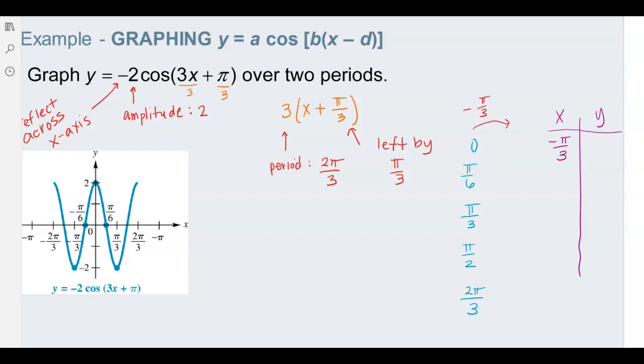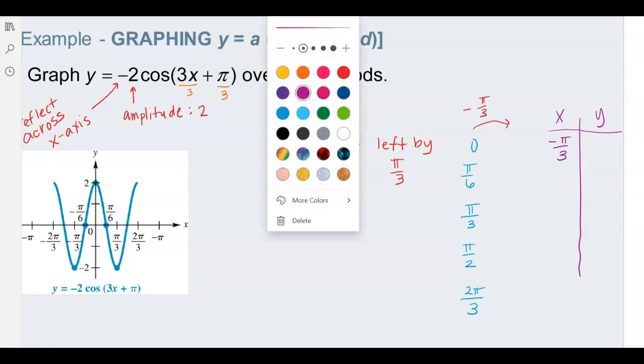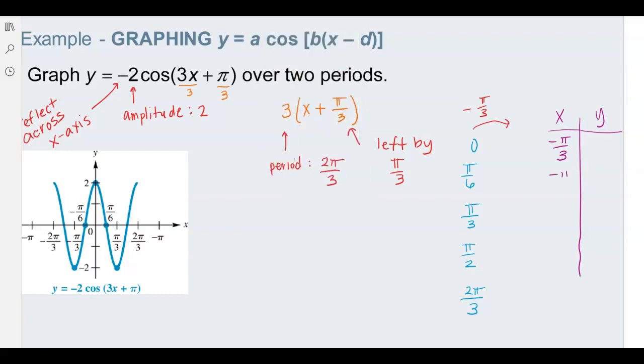Again, I'm leaving the pi symbol out. 1 over 6 minus 1 over 3. And I'm getting negative pi over 6. Then I'll do 1/3 minus 1/3. Oh, that's going to be 0, right? Then 1/2 minus 1/3. Again, I'm taking all of the values in blue and subtracting that 1/3 to shift the graph to the left.